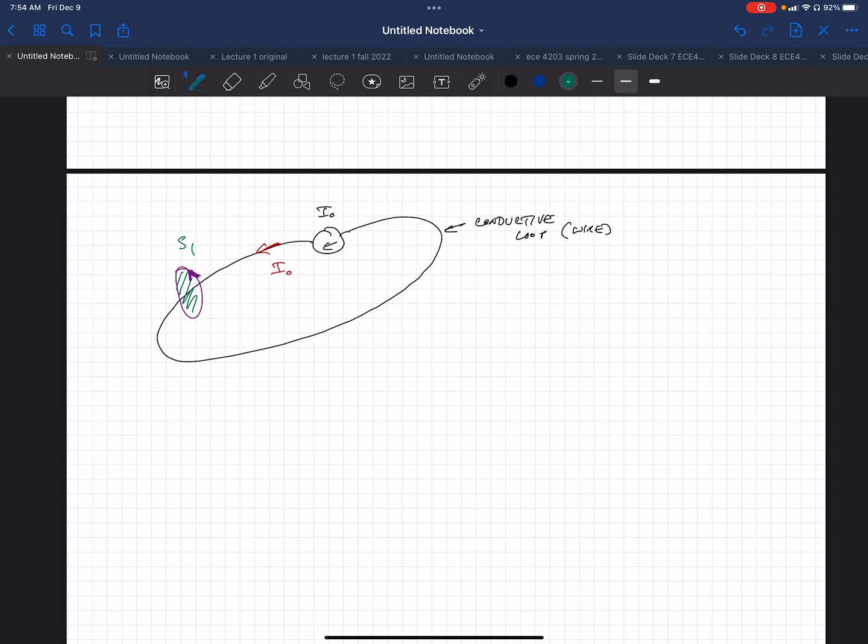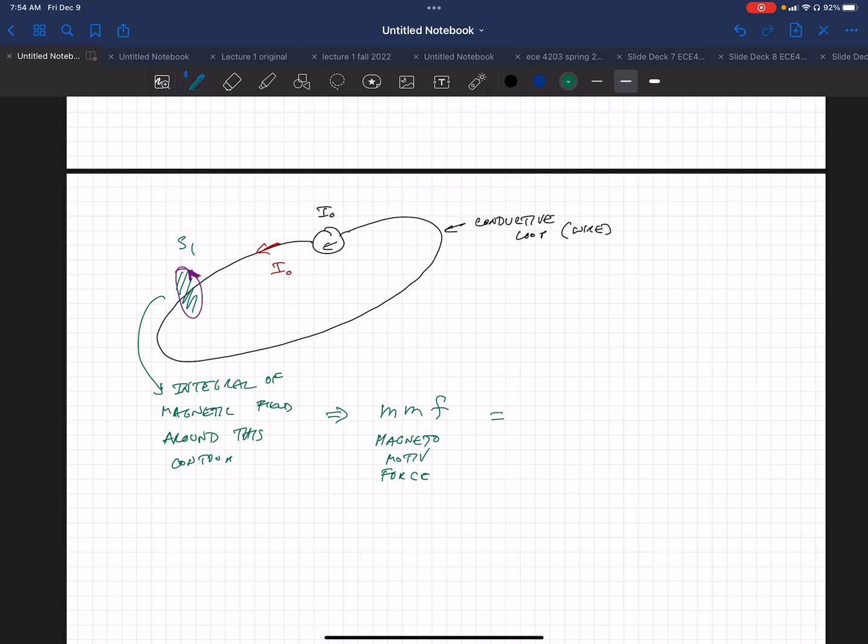So if we take the integral of magnetic field around this contour, this gives us the MMF, which is the magnetomotive force.